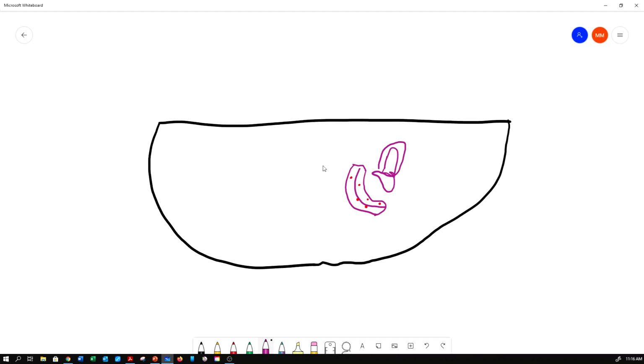And then let's draw some smooth endoplasmic reticulum. All right, these guys are smooth because they don't have ribosomes.